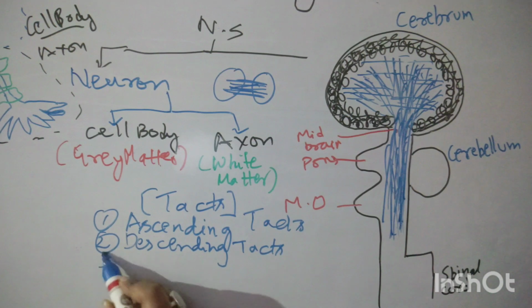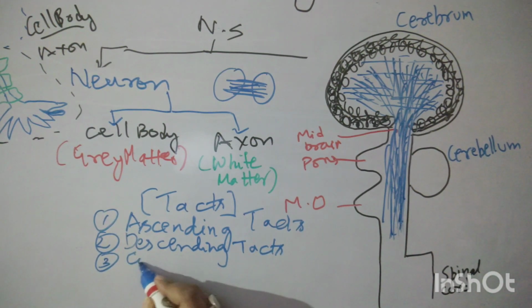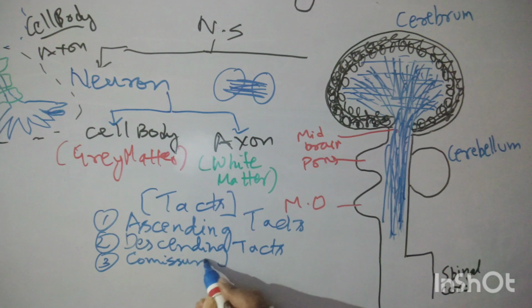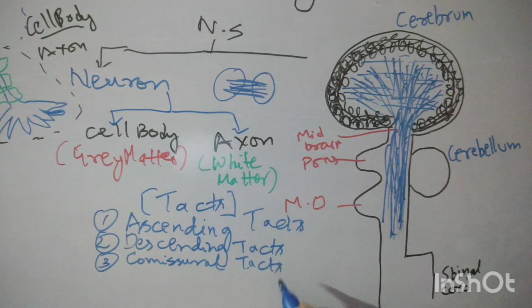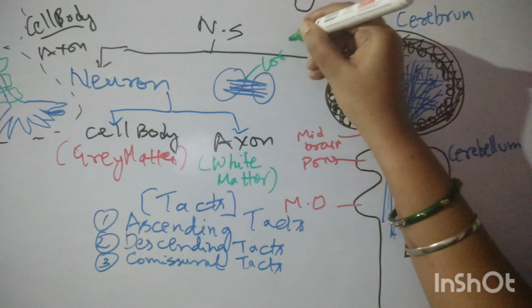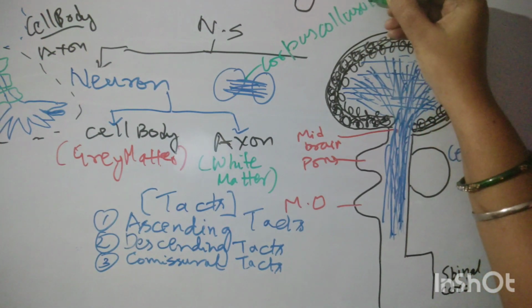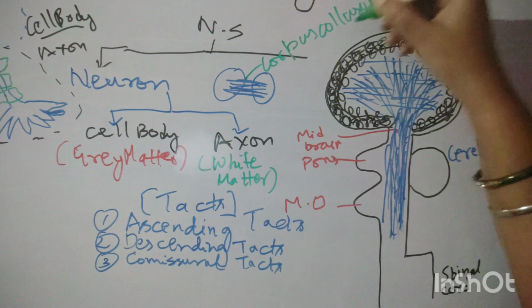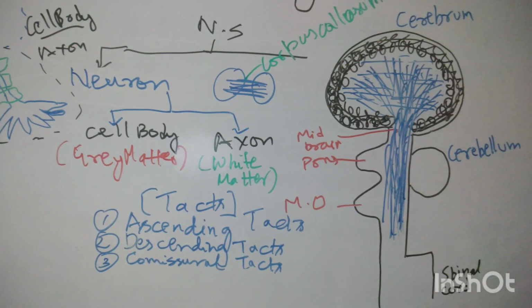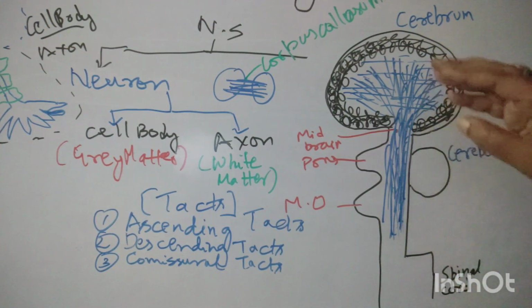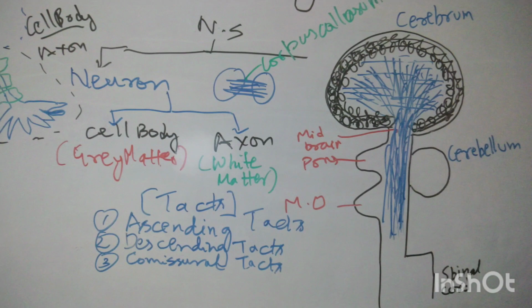That crossing of fibers, those are called commissural tracts. An example of a commissural tract is the corpus callosum. So we have seen the tracts are present and they are emerging, going up, going downwards, and left to right projections. Okay, after this we have the neuron.